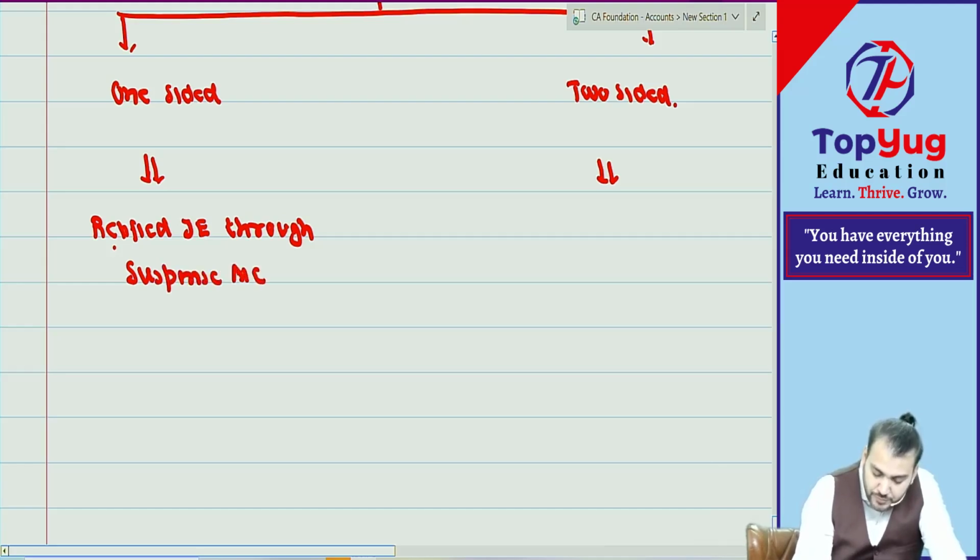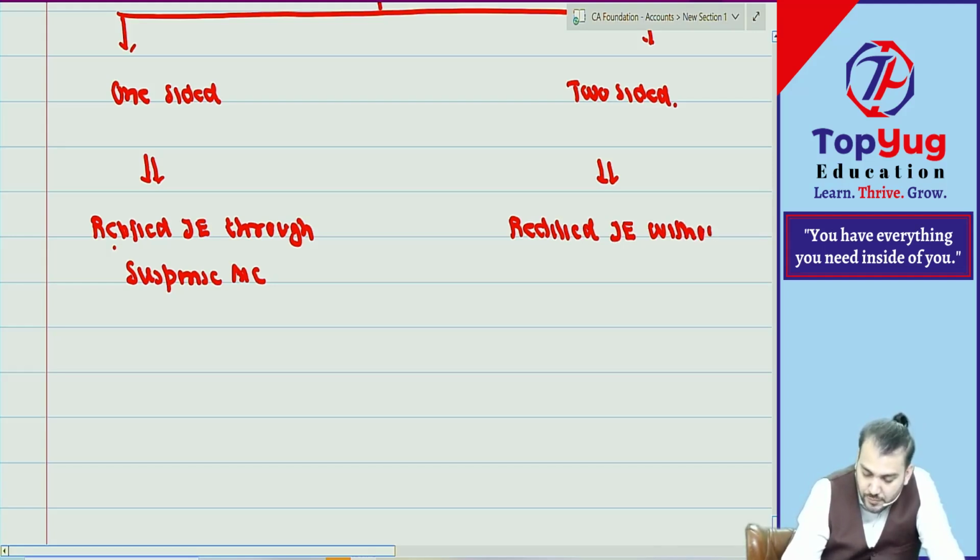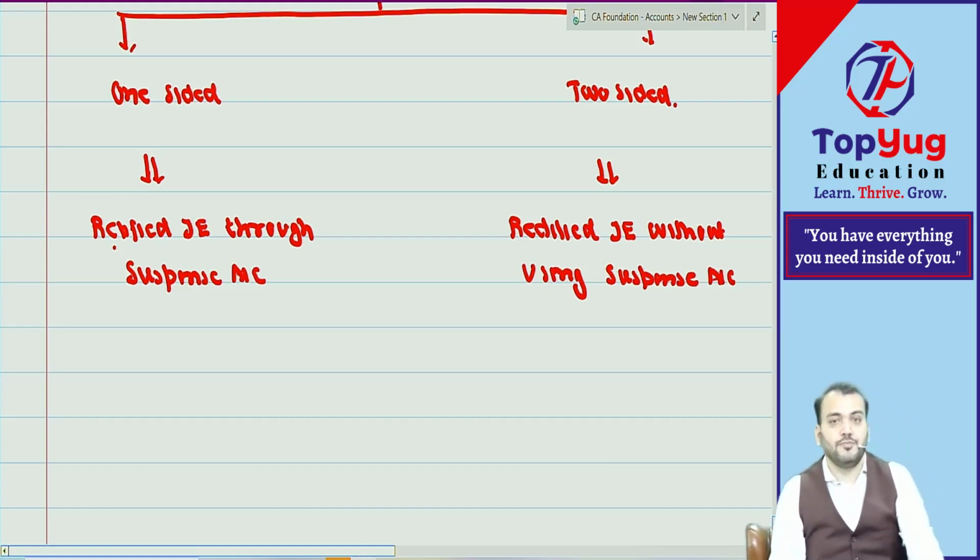Suspense account. Here it is rectified journal entry without using suspense account. Correct?